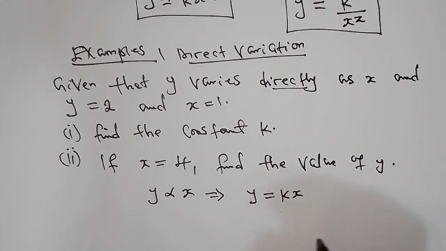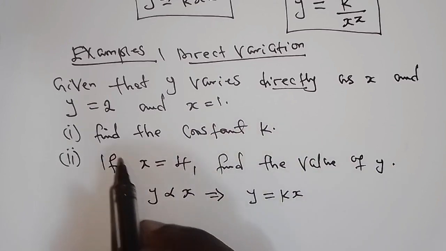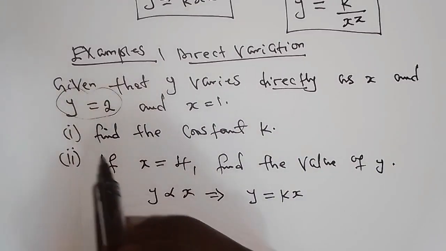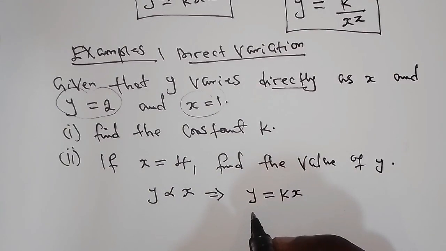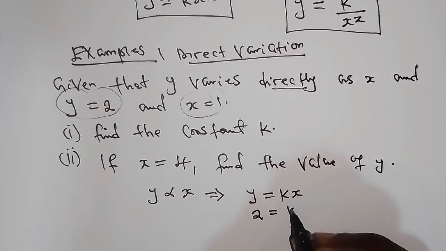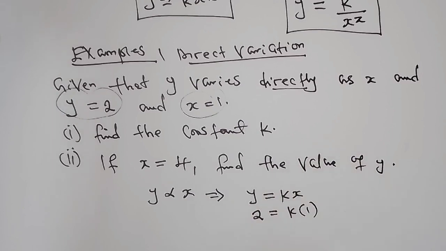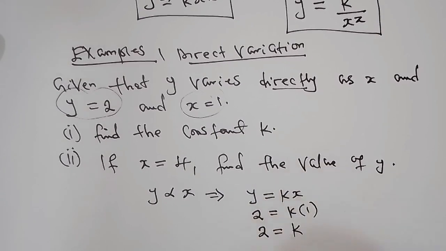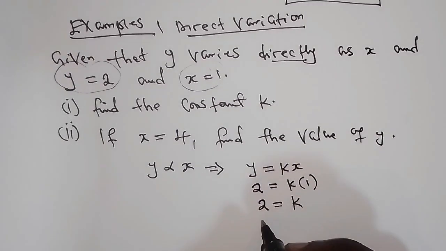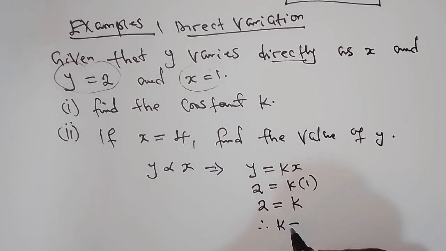From there, we know that y is given as 2 and x is 1, so we can just substitute. It's going to be 2 equals k, open the bracket, x is 1. So this is just going to be 2 equals k. And therefore, the value of k is simply 2.